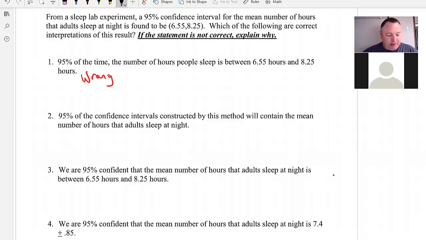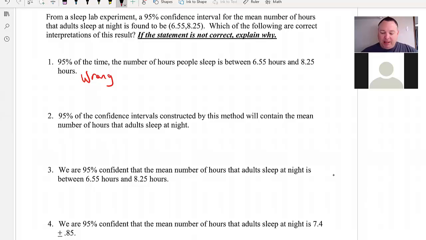And the reason it's wrong is it's talking about the measurements. It's not saying that 95% of the measurements are in the interval. That's not what we mean.